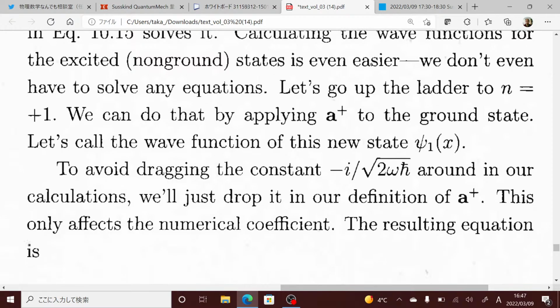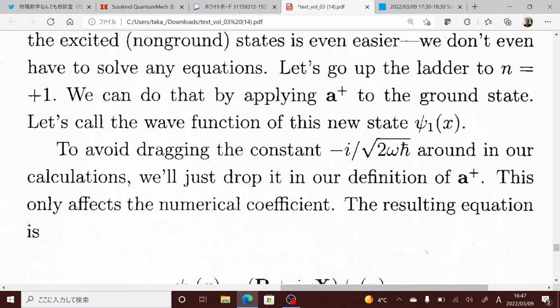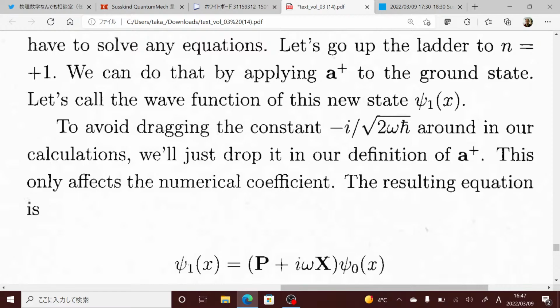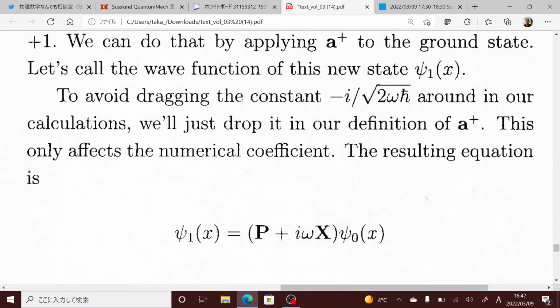Let's call the wave function of this new state psi 1. To avoid dragging the constant minus i divided by the square root of 2 omega h bar around in our calculations, we will just drop it in our definition of A plus. This only affects the numerical coefficient.